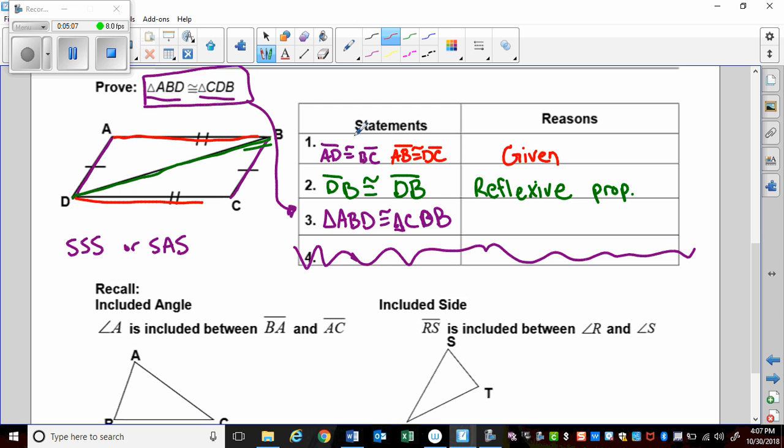In this case, I have one side, two sides, and three sides. Side, side, side. I don't have any angles. So it's going to be the side, side, side postulate.